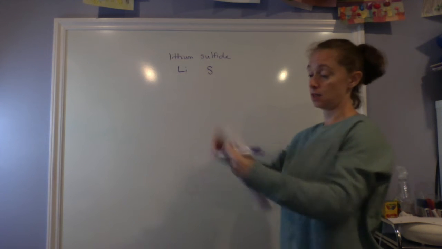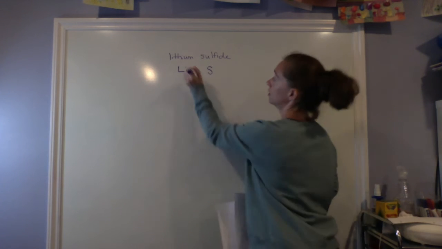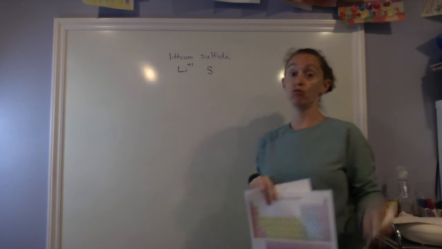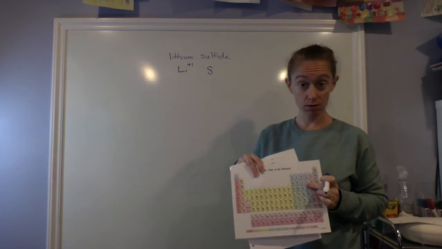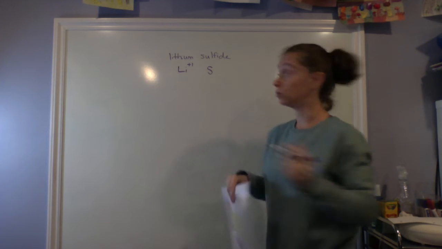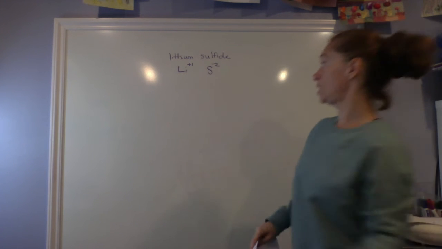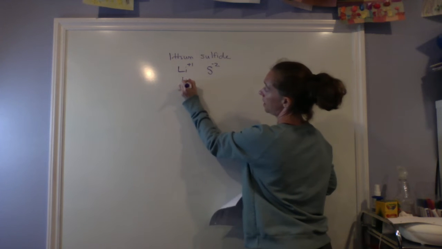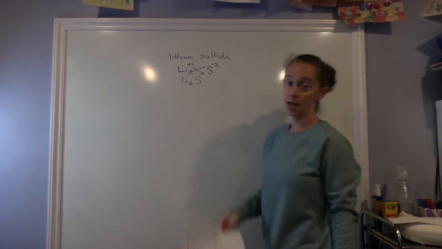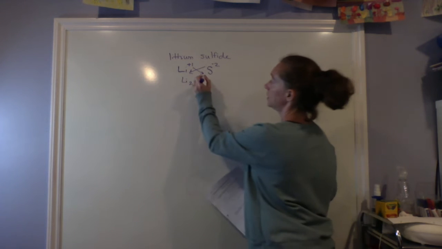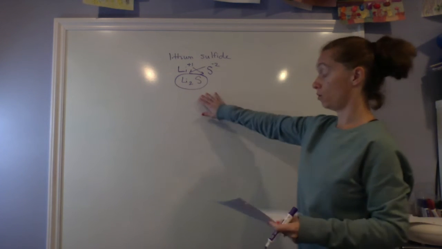Find lithium. Group 1, so its oxidation state is +1. Write it down. Sulfur, over here, is a -2. Crisscross the applesauce, right? Li2S. All we did was crisscross. So now we know the formula we're working with for lithium sulfide is Li2S.